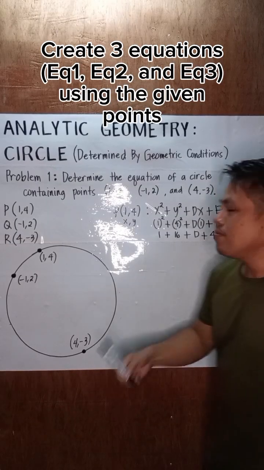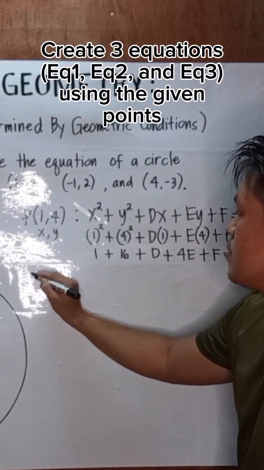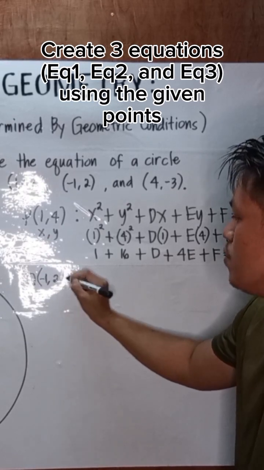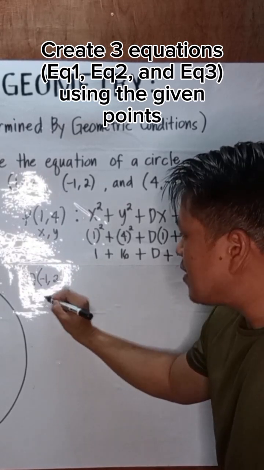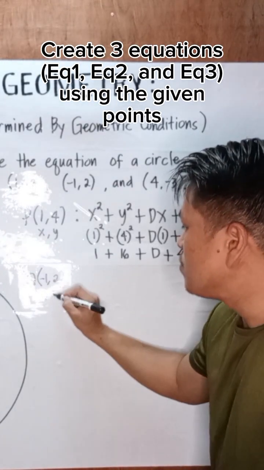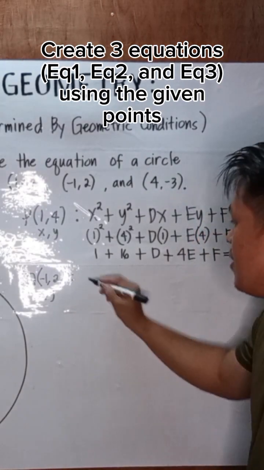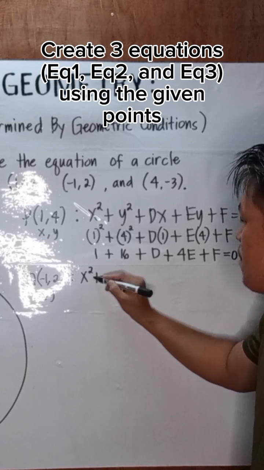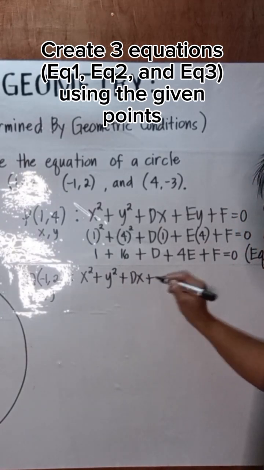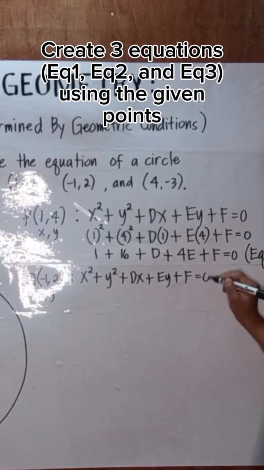Next, gawa naman tayo ng equation para sa Q. Ang Q natin ay (-1, 2). Ang value ng x natin ay negative 1. Then, ang value ng y natin ay positive 2. Again, isulat muna natin yung general equation ng circle: x squared plus y squared plus dx plus ey plus f is equal to 0.